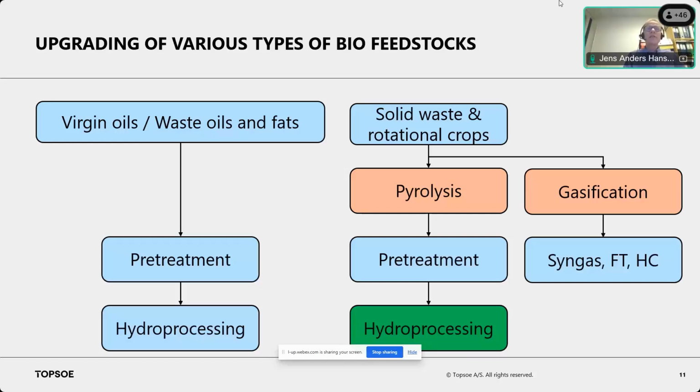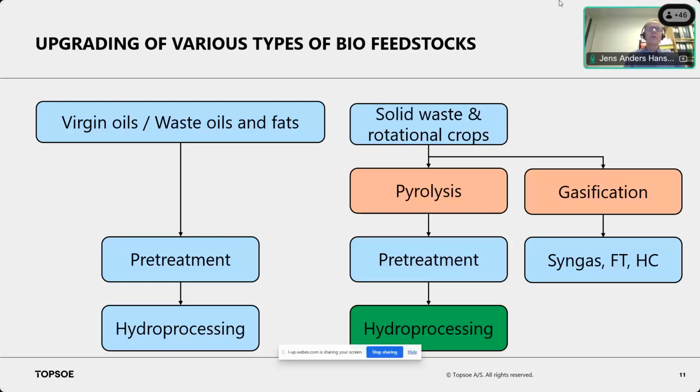But if you look at solid waste and rotational crop, that's third generation biocrudes. Then you have the pyrolysis process. You can pre-treat the oil from the pyrolysis process to remove some of the contaminants that could be metals, and then you can hydroprocess to meet the requirements when it comes to specification. You can also go another route.